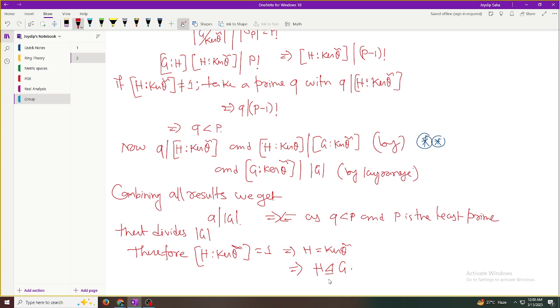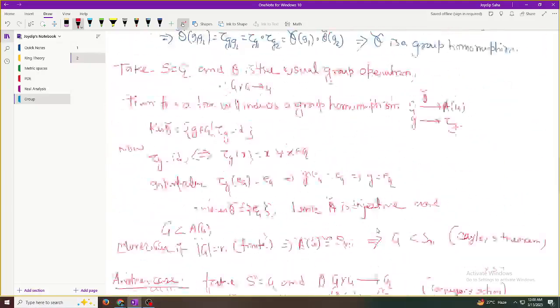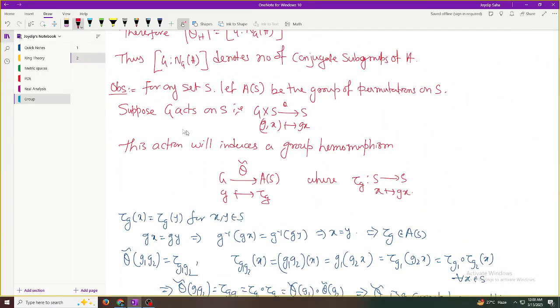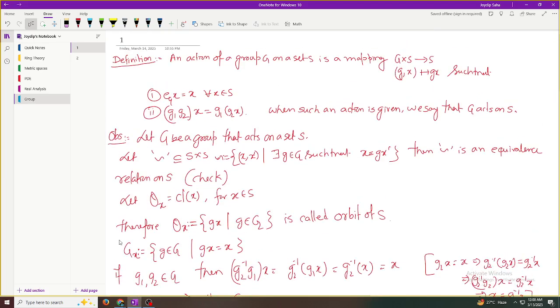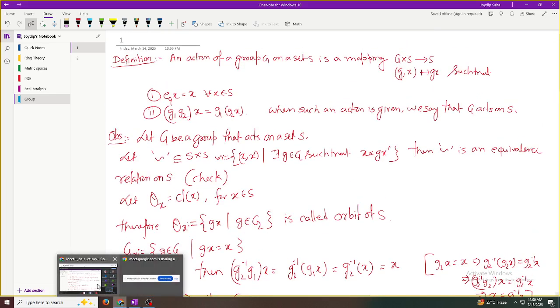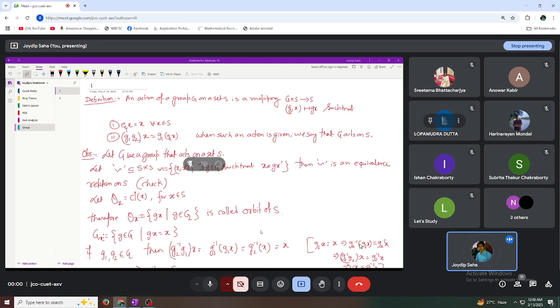If you have any question, then ask me. If you have any question, please ask me. If you have no question, then I will stop here, and next day I will go through Cauchy and Sylow's theorem, then semi-direct product, and this way.